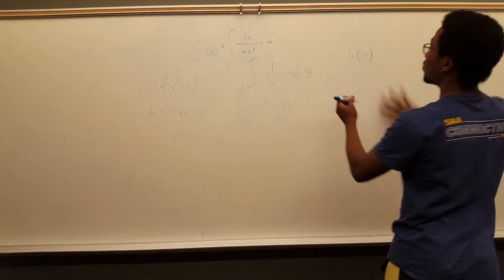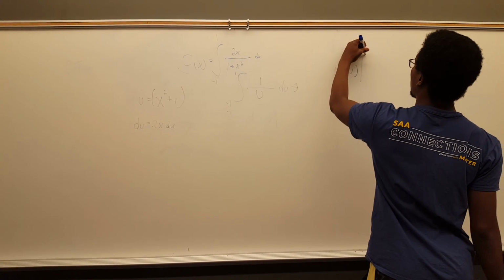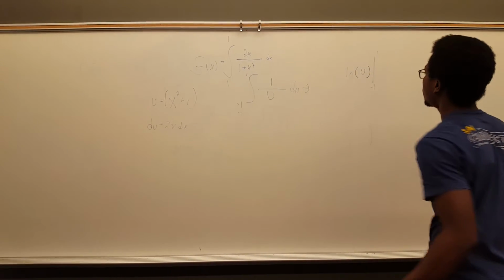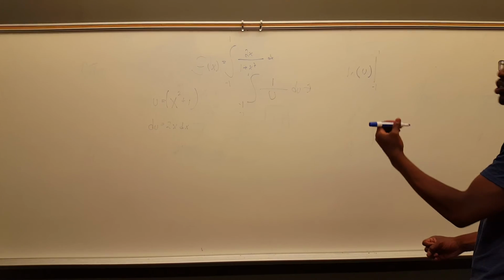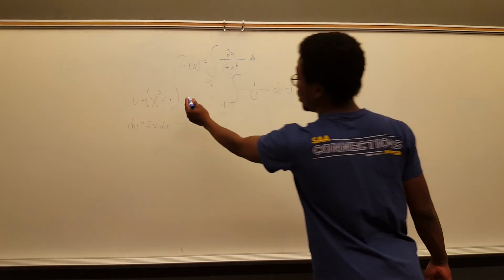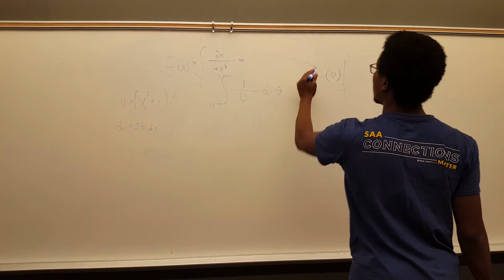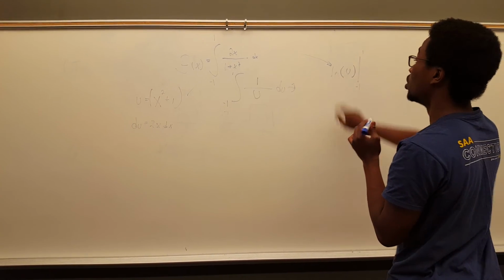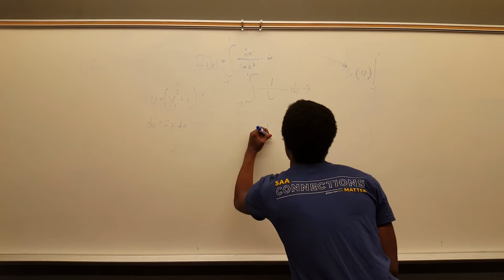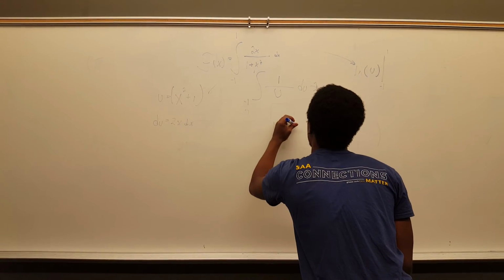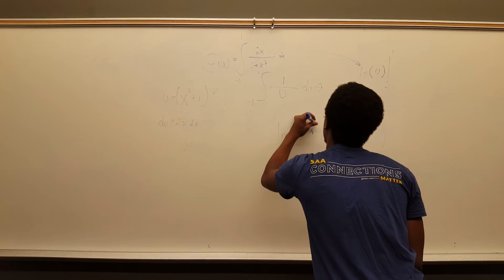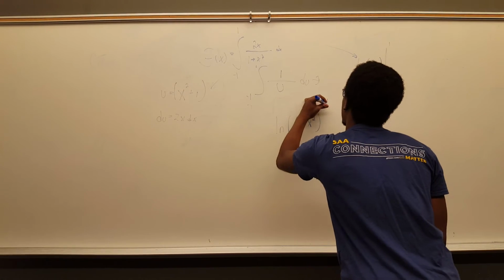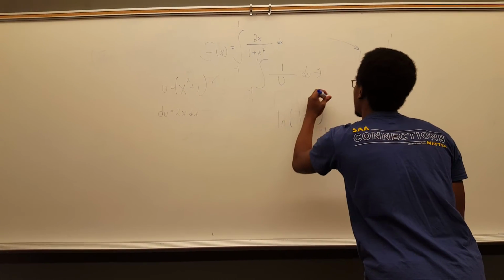So we're going to take that out, and we're going to still evaluate from -1 to 1. Now the last step of the u substitution is you're going to go ahead and resubstitute the u that you had earlier in for what you just had in the integrated function. So I'm going to write it down here. You're going to have the natural log of 1 plus x squared, evaluated from -1 to 1.